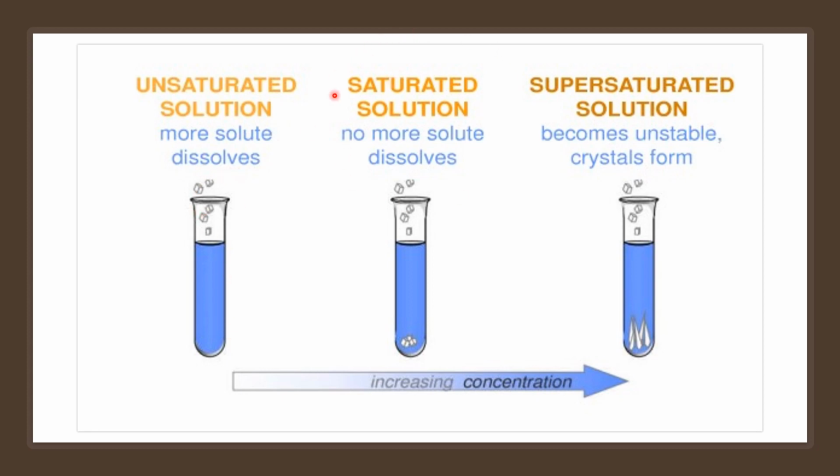For a saturated solution, when we add our solute, it will not dissolve. For a supersaturated solution, addition of more solute will form a precipitate, and the solution will become unstable, forming crystals.